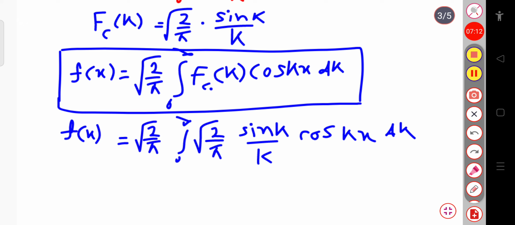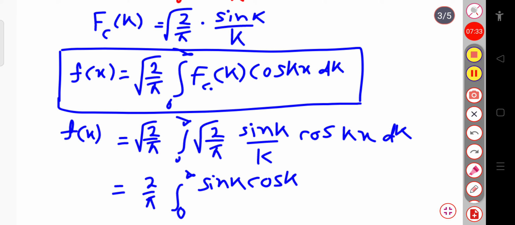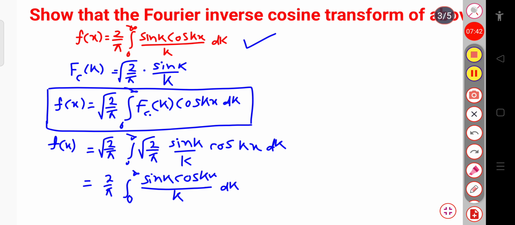Now this root over 2 by pi is a constant, so multiplying, this becomes 2 by pi integration over 0 to infinity of sin k cosine kx divided by k dk. Now you can see we have proved this, that is 2 by pi integration over 0 to infinity sin k cosine kx divided by k dk. So you have to solve in this way.